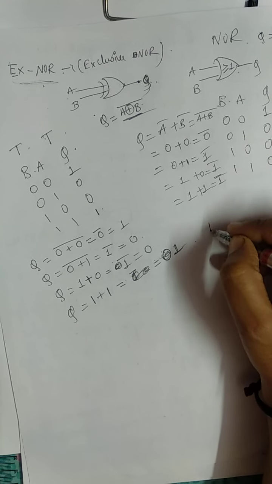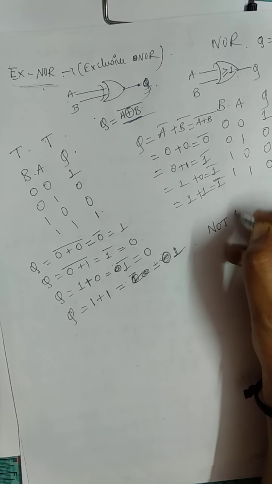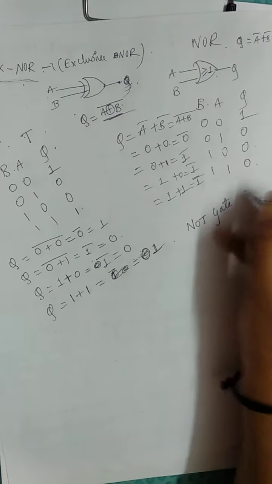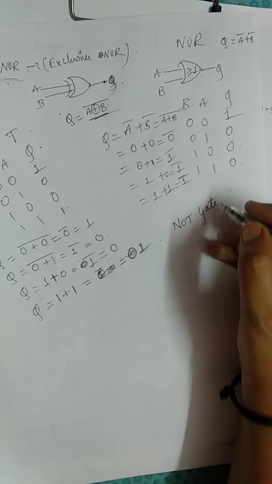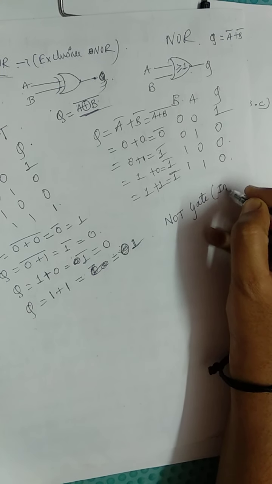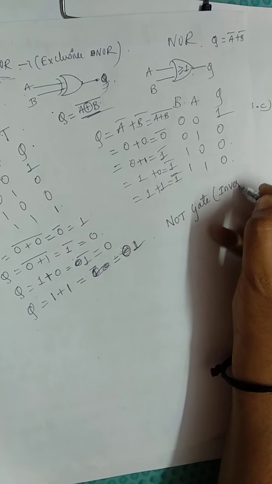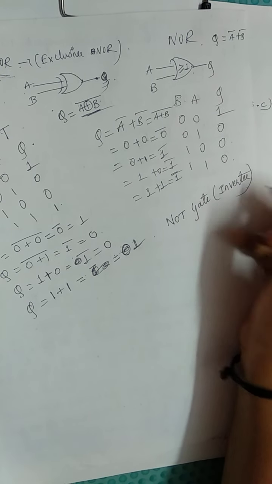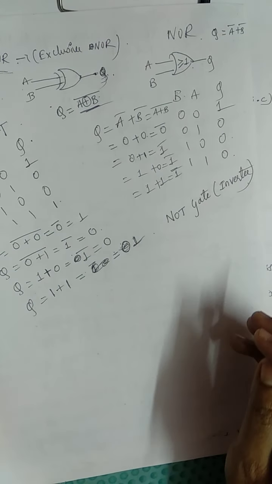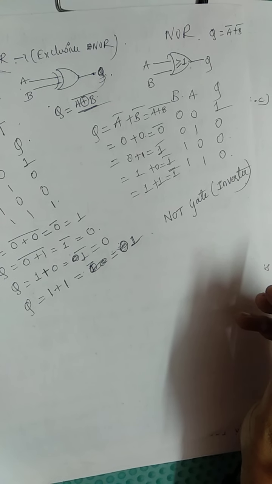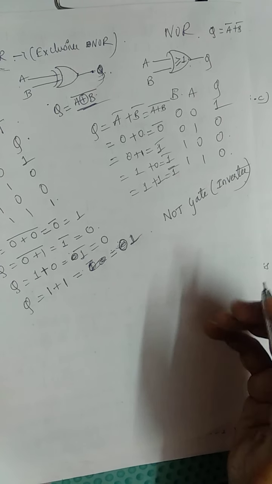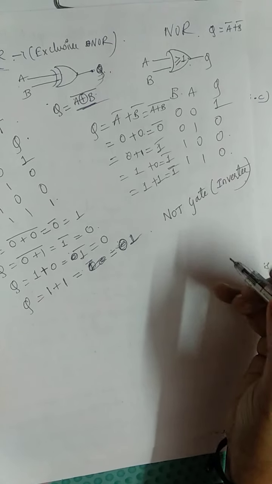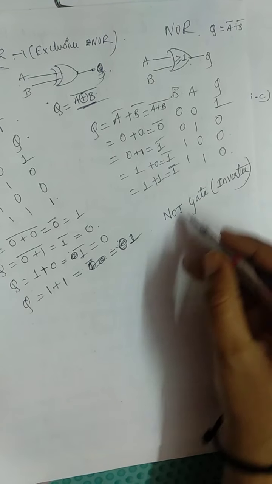So next is the NOT gate. In the NOT gate it is an inverter, you can say. So this NOT gate will come under the single input logic gates. Under that the hex buffer is there.